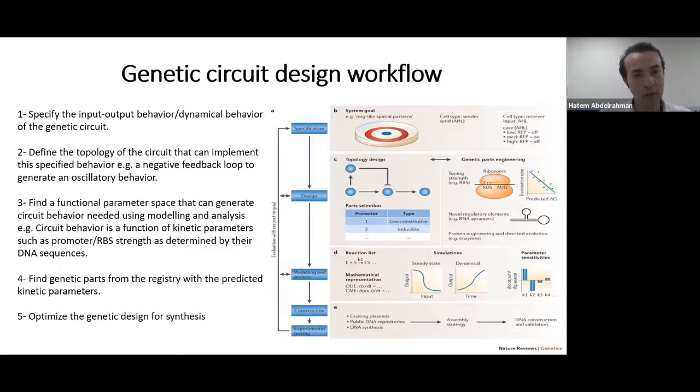In automated tools, you specify this at a high level, but without any automated tool, you can just specify this behavior in your design workflow, and then you search for the molecular mechanism that implements this behavior. So this is basically the circuit topology: the molecular mechanism, the interactions that could implement this behavior.